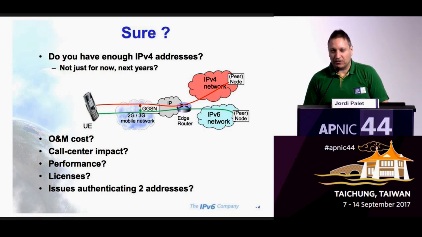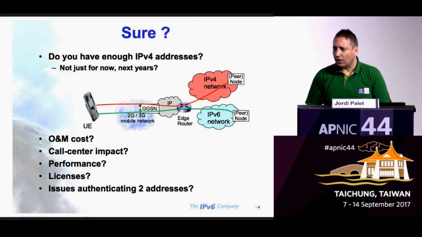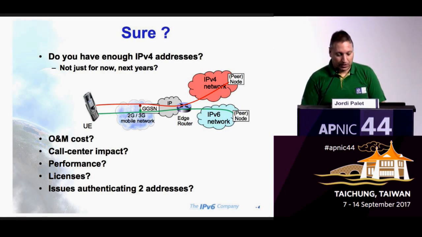What about performance? I'm not going to talk about performance right now, but later on you will see how different the performance is in IPv4 and IPv6 networks, okay? So you can take your decision about what performance you prefer later on. What about licenses? Sometimes you need to pay for some elements in wireless networks, in cellular networks. You need to pay different licenses for V4 or V6, or if you want to run both of them, okay?